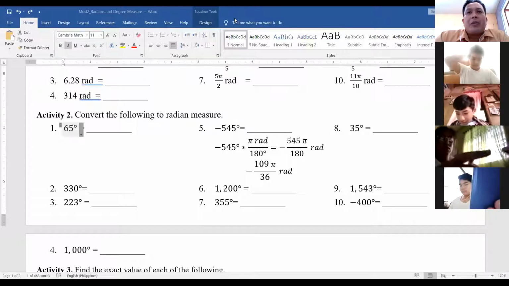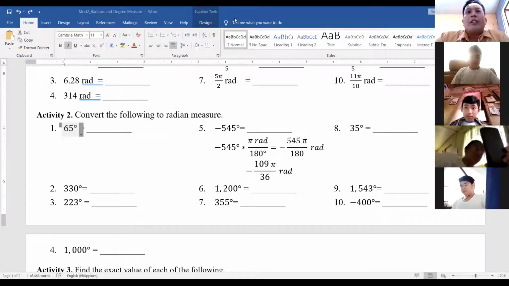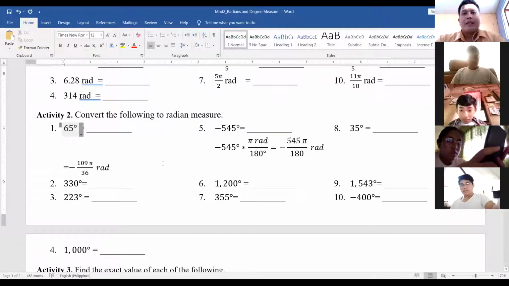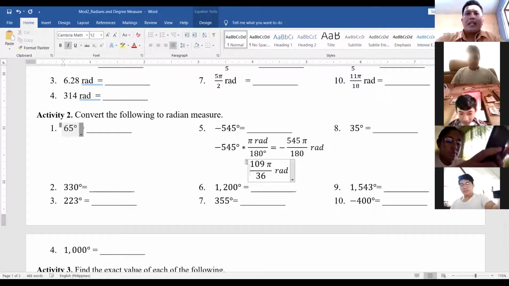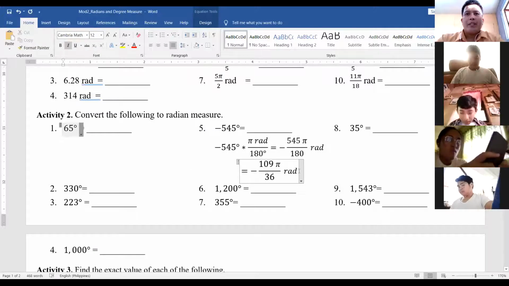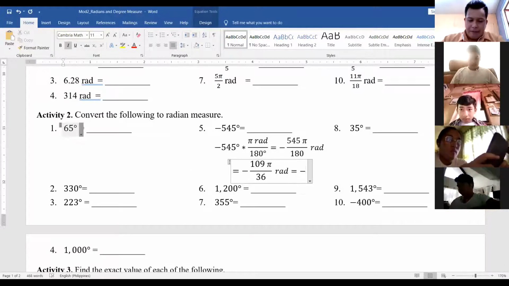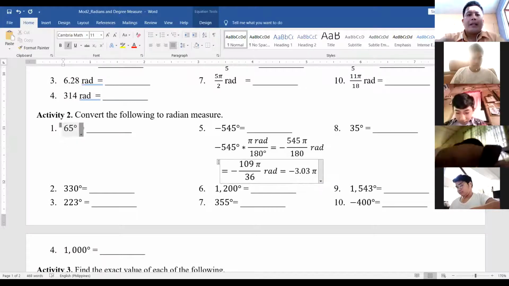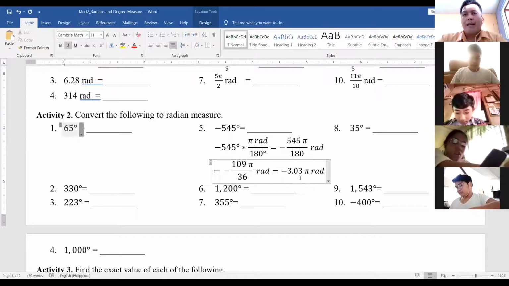So in activity 2, the answer need not be a fraction. You may express it in decimal, class, if you wish. For example, let's express this answer in decimal. This will be equal to negative 3.03 pi rad. You can have that as your answer.